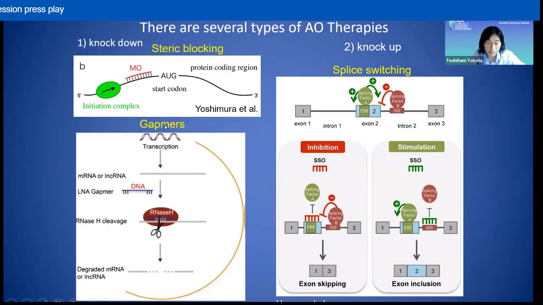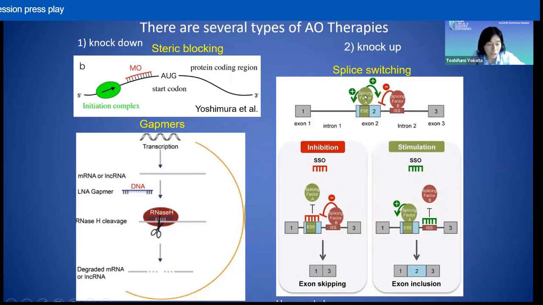But a recently developed method is called gapmers. Gapmers is a much more powerful way to knock down gene expression. Basically you can use a chimeric antisense oligo called a gapmer. The central part is DNA, and both ends are modified antisense oligos like LNA or 2' MOE, and this central part induces RNase H, and it leads to knockdown, degradation of RNA.